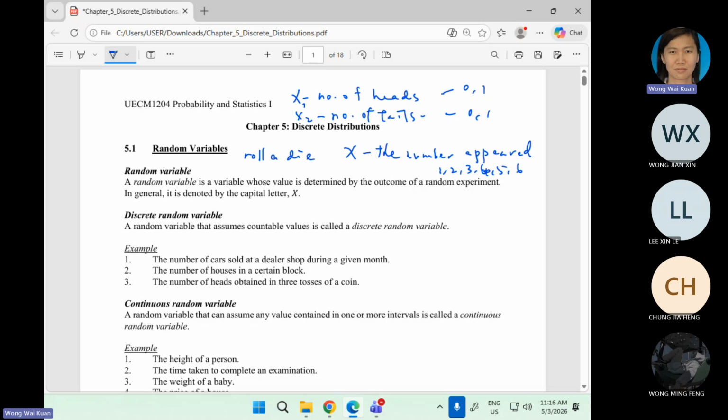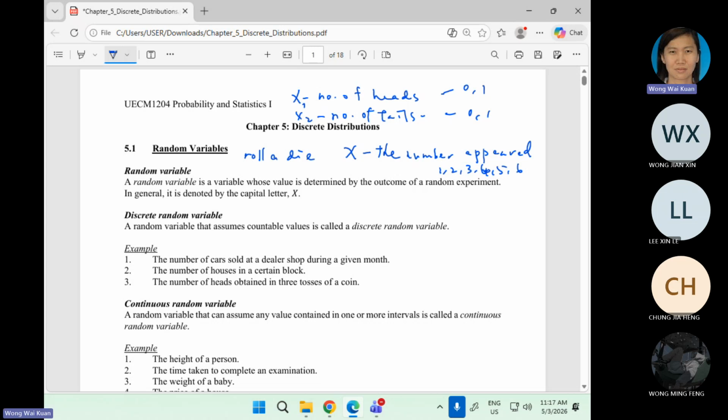The one with a lot is when I roll 2 dice, or roll it twice or 3 times and so on. Okay? So why is 2 times a lot? I can have some of the 2 numbers appear, right? The number of times 6 appears, or the number of times an even number appears.